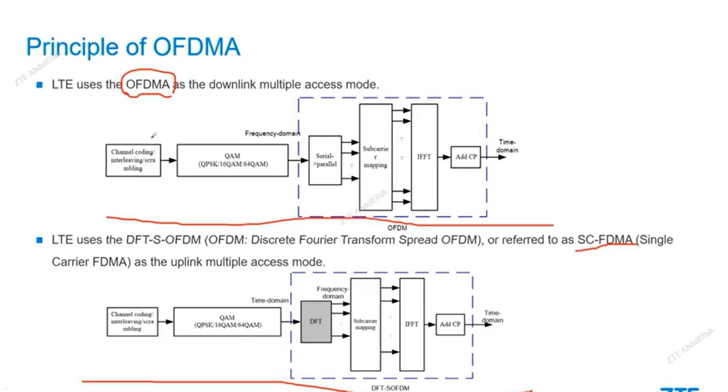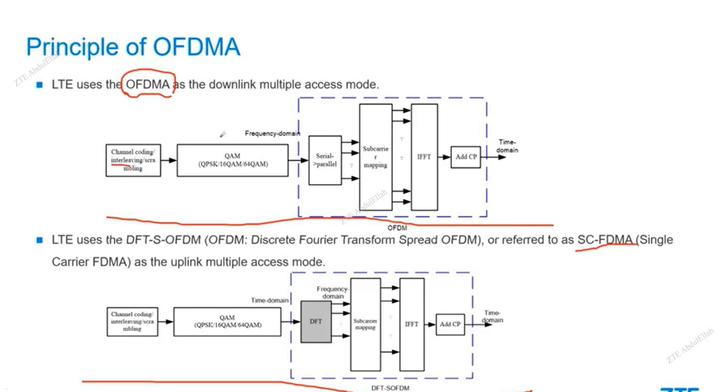Those technologies all can help to overcome some interference in air interface transmission. For example, channel coding: we can add some redundancy bits to help correct some discontinuous errors. And interleaving is like changing the transmission sequence. It can help you overcome some continuous errors.